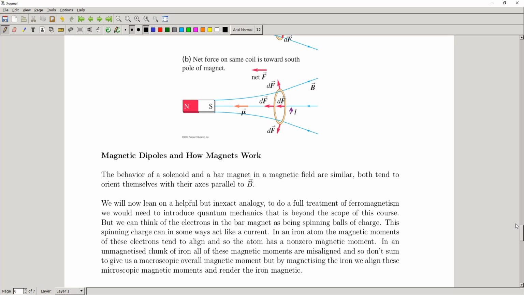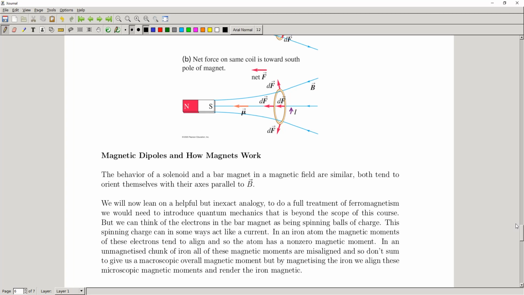These spinning electrons act like a current, as we said, and in an iron atom, the magnetic moments of these electrons tend to align themselves in such a way that you have a non-zero overall magnetic moment for your atom, right? So you have these non-zero tiny magnetic moments making up your whole bar magnet.